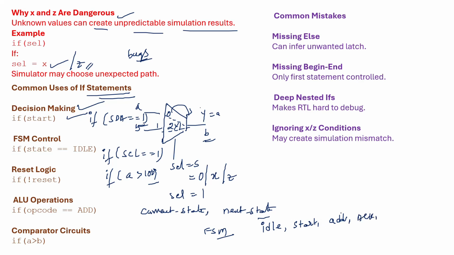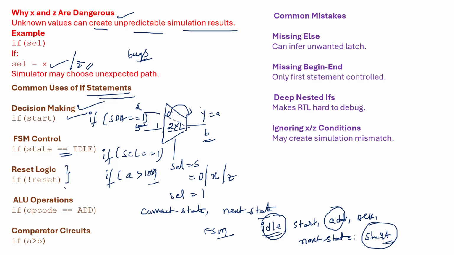So first I give the idle condition. If this idle condition is true, then the next state is the start state. If the start condition is also true, then the next state is the address state. In this way my values will be changing. That is FSM control, where we also use if conditions.